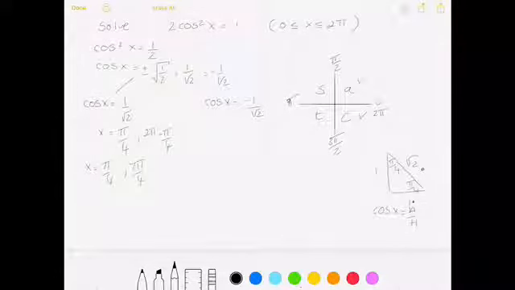Cosine is negative in quadrants 2 and 3, so that'll be pi minus pi over 4 and pi plus pi over 4, which gives me 3 pi over 4 and 5 pi over 4. So there are 4 solutions here.